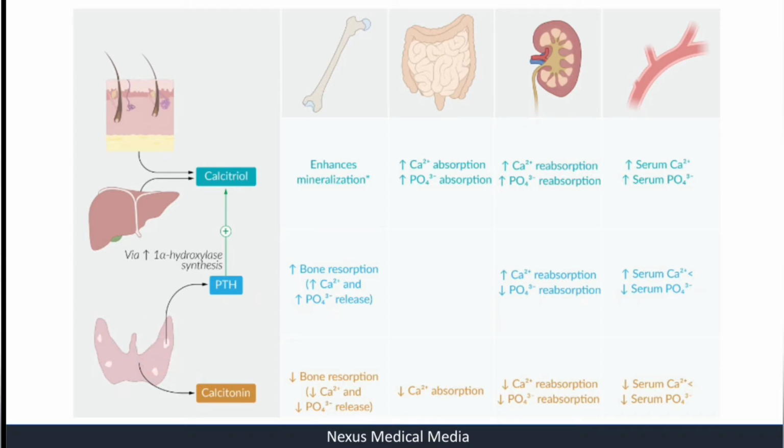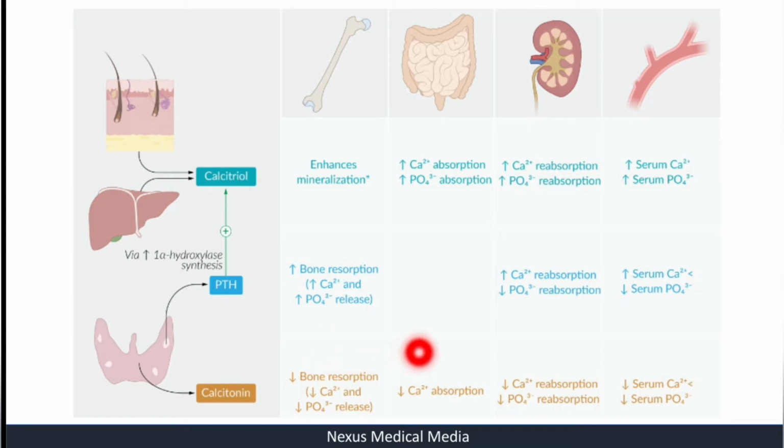Calcitonin is produced by the C cells of the thyroid gland. The thyroid gland, you remember, usually produces T3 and T4, but the C cells produce calcitonin. What is the function of calcitonin in bones? It reduces bone resorption, thus reducing calcium and phosphate release.